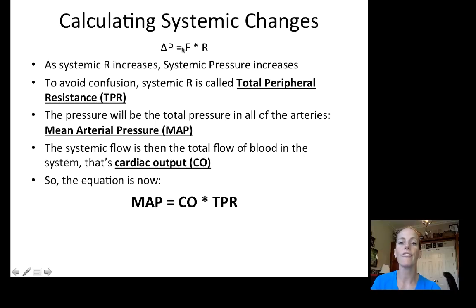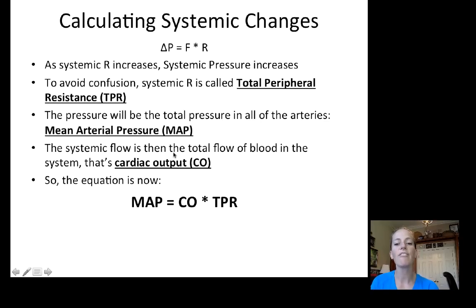We're going to call the flow now the flow through the whole system, which is also cardiac output. So the total flow through the whole body is cardiac output. And then the resistance, instead of being in an individual vessel, is now going to be the total body arterial resistance, or the total peripheral resistance.